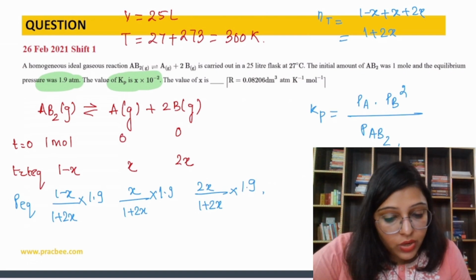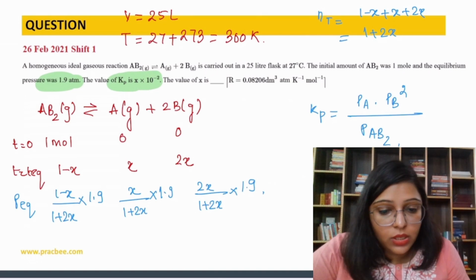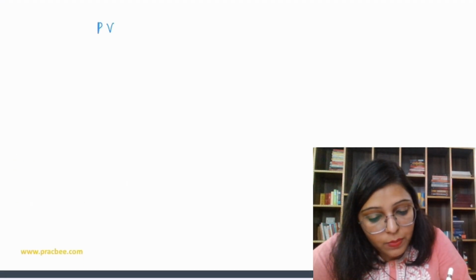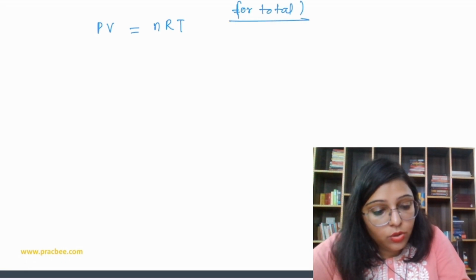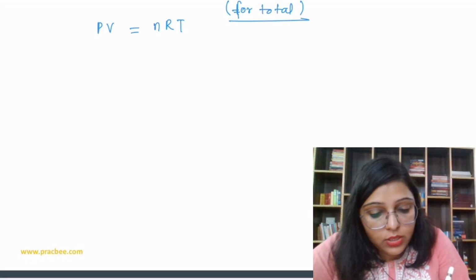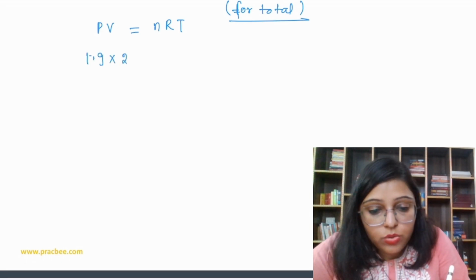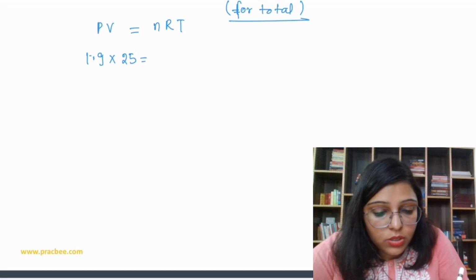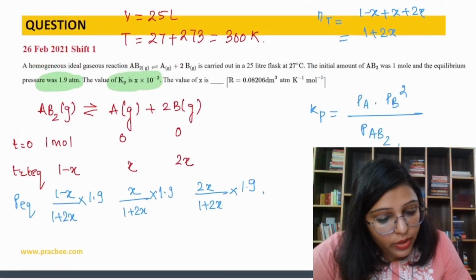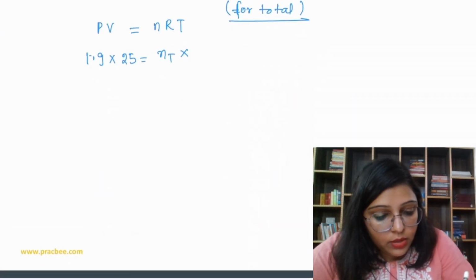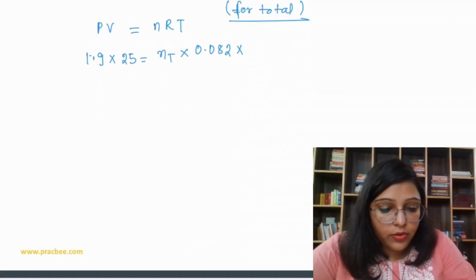So what we can do is use the equation PV equals nRT for total, everything total. Pressure is 1.9, volume is 25 liter, total moles, and R value 0.082, and temperature is 300.